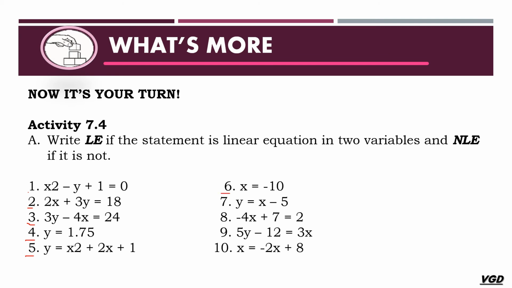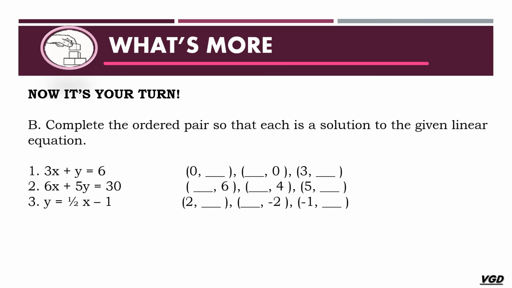Number 6, x is equal to negative 10. Number 7, y is equal to x minus 5. Number 8, negative 4x plus 7 is equal to 2. Number 9, 5y minus 12 is equal to 3x. And number 10, x is equal to negative 2x plus 8. That's for A.